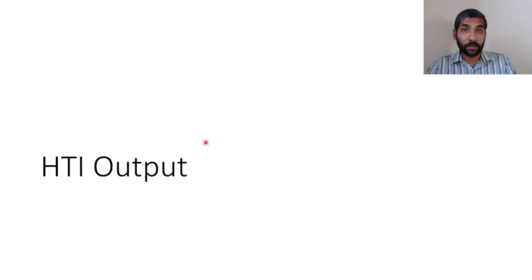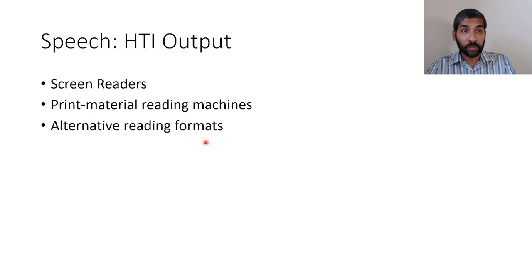Let's look at human technology interface output. The technology interface is not just for inputting to the technology, but the technology also needs to output. And you can have many different kinds of outputs, right? You can have, for example, speech as an HTI output.